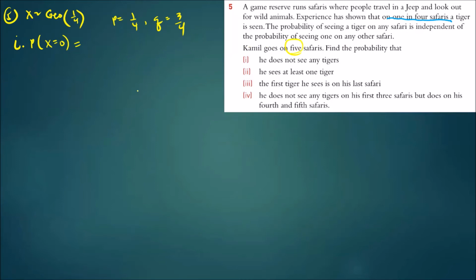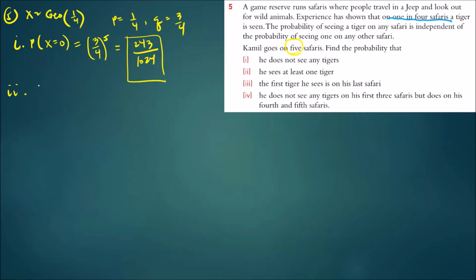So therefore, he wasn't able to see a tiger on those 5 safaris that he went on. So this is going to be 3/4, so all of it is a failure, raised to 5. So that is 243 over 1024.